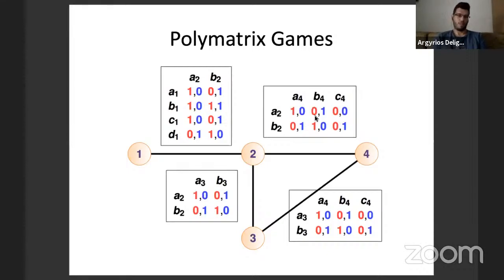But we are focusing on polymatrix games with a constant number of actions. Why is this important and interesting? Because all the currently known PPAD-hardness results for equilibrium computation were using, directly or indirectly, polymatrix games, and the crucial bit for their correctness was the existence of cycles. So we said, okay, what's going on if we have only trees?